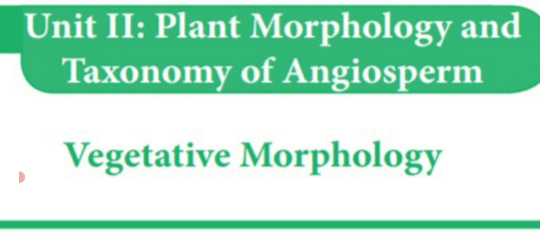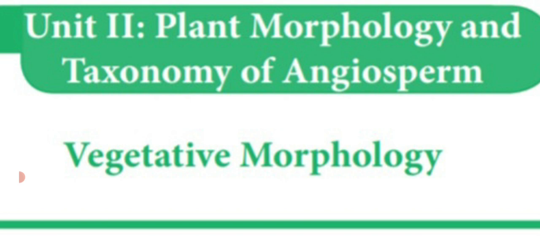Dear students, in the previous video class, we have seen what is vegetative morphology. Study of external organs in a plant parts is known as vegetative morphology. The vegetative organs are stem, leaf, root and branches.